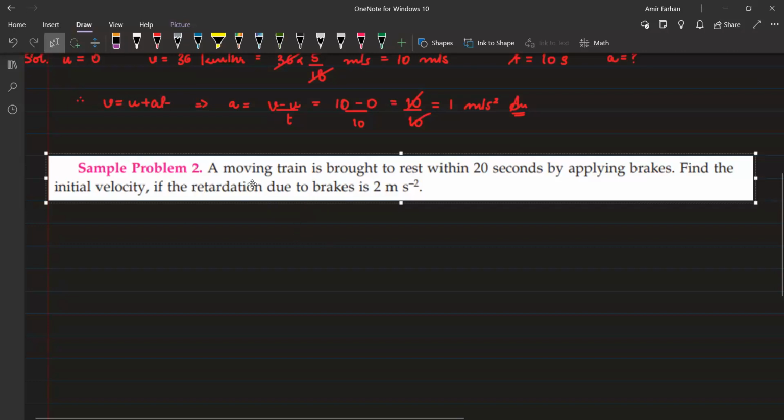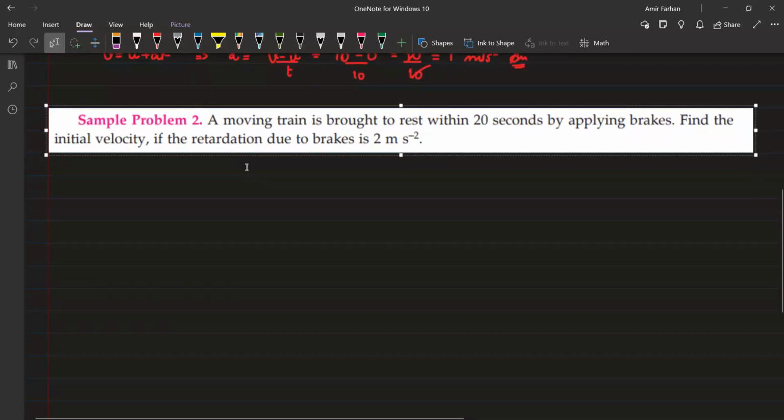That's why retardation comes into the picture. What will be the sign of the acceleration if retardation is happening? Negative or positive? Negative, absolutely, because you are going in this direction. If you want to stop, you should apply some acceleration in this direction to get stopped.